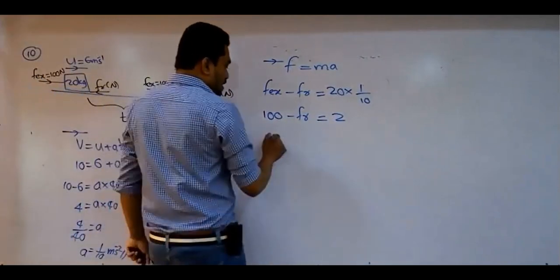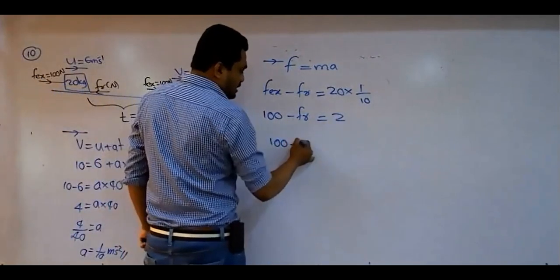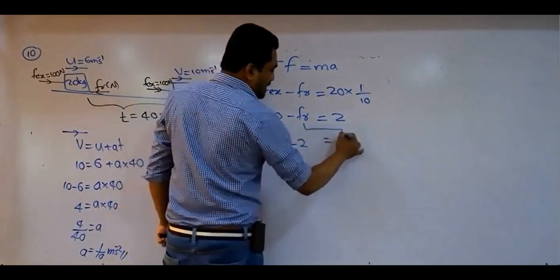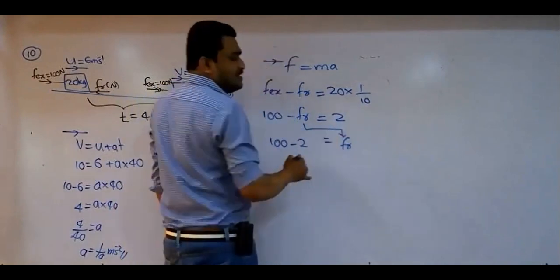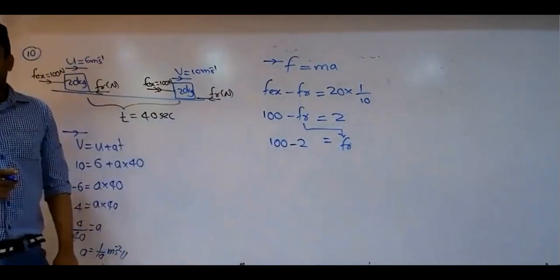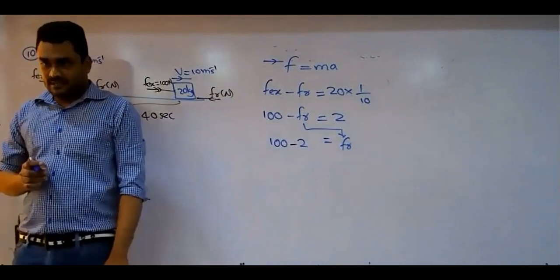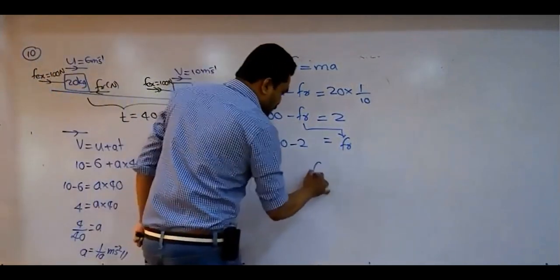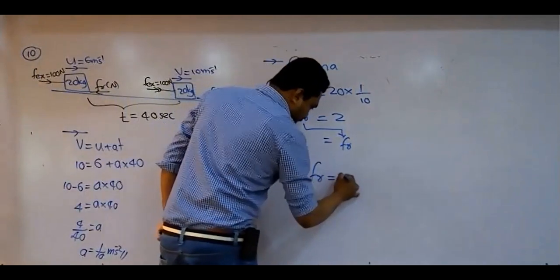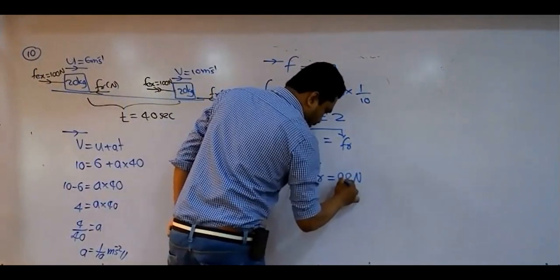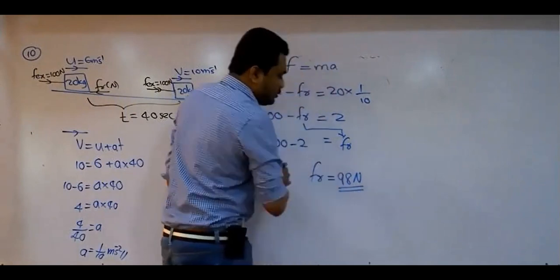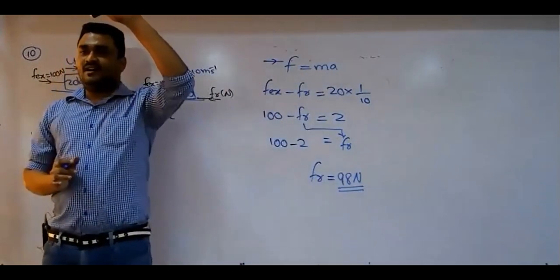So 100 minus 2 comes to this side, and minus F_R goes to the other side as plus F_R. What is 100 minus 2 here? 98. So the friction force is 98 Newton. So there are some calculations in this question. Who got this answer? Excellent.